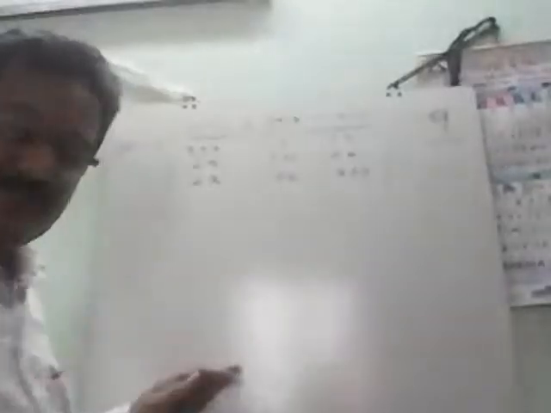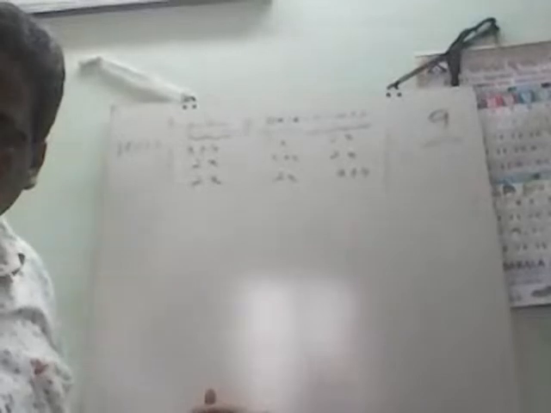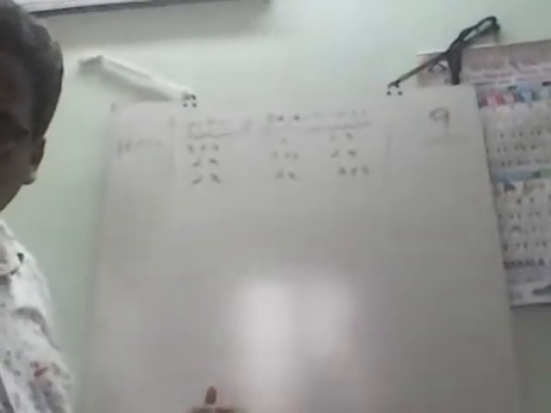We have to factorize. We have to prove this result is 5x plus 4 whole into 4 minus x whole square.